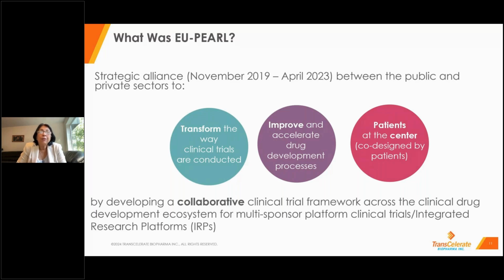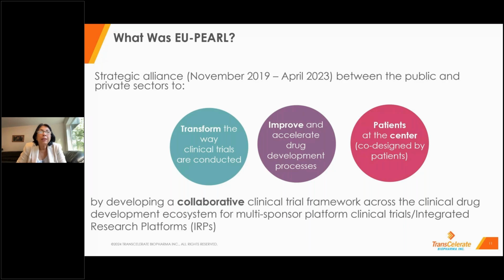And most of you might be familiar. It is called Accelerating Clinical Trials, or ACT-EU. This ACT-EU builds on the application of the new clinical trial regulations, as well as the launch of the Clinical Trial Information System, which is the CTIS.